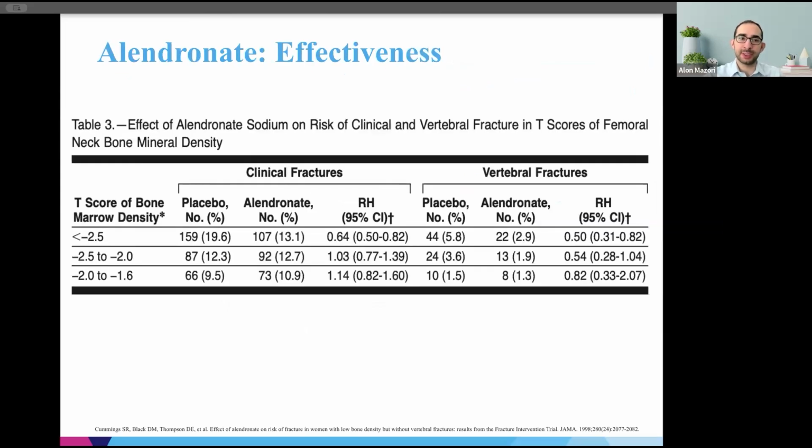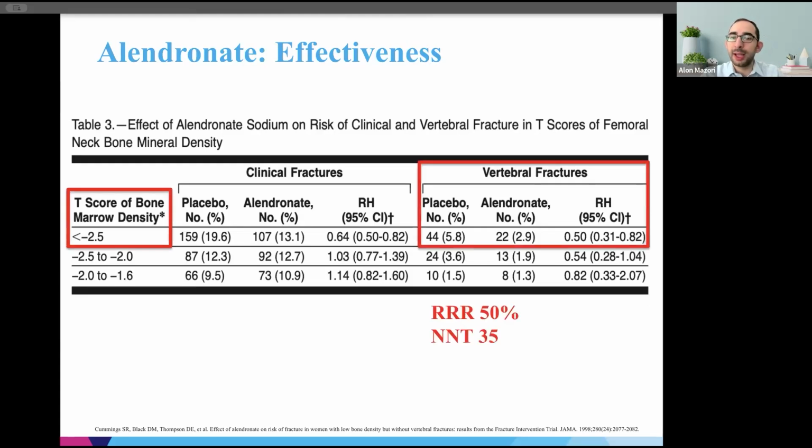So in terms of its effectiveness, this is data from the fracture intervention trial, which is alendronate's claim to fame. Here we see that in individuals who had osteoporosis at the femoral neck, they had a relative risk reduction of a vertebral fracture of 50% and a number needed to treat of only 35.